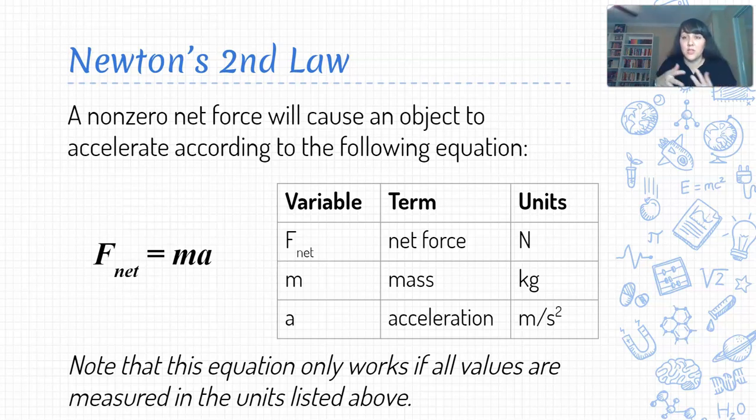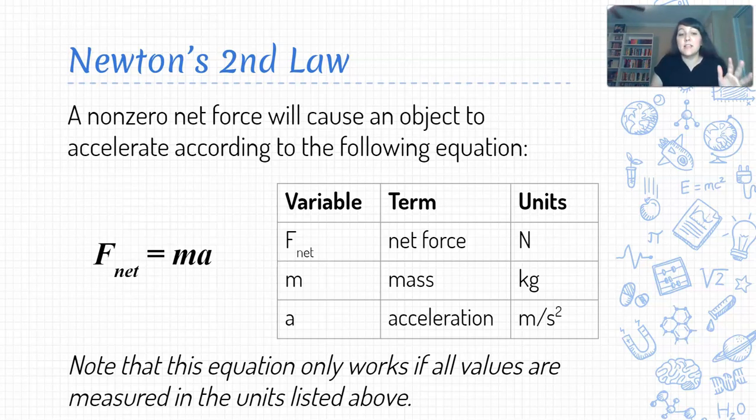Another implied relationship in here is that for a given force, mass and acceleration are going to be inversely related to each other. So if I don't change the force, but I double the mass, the acceleration is going to drop in half. So we have this seesaw relationship between mass and acceleration. All of that gets summed up in this equation here, that net force equals mass times acceleration.